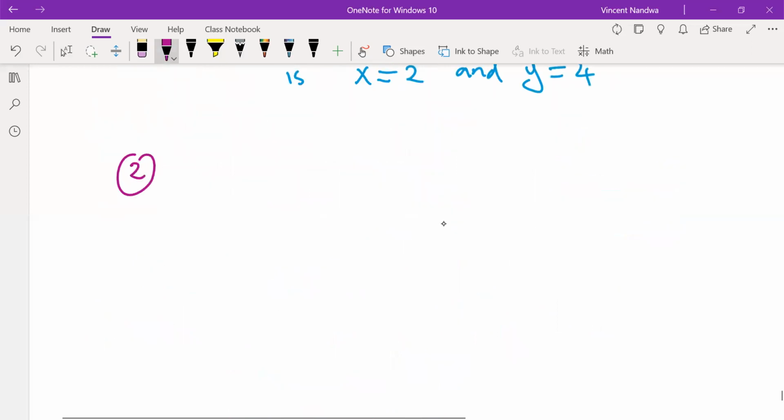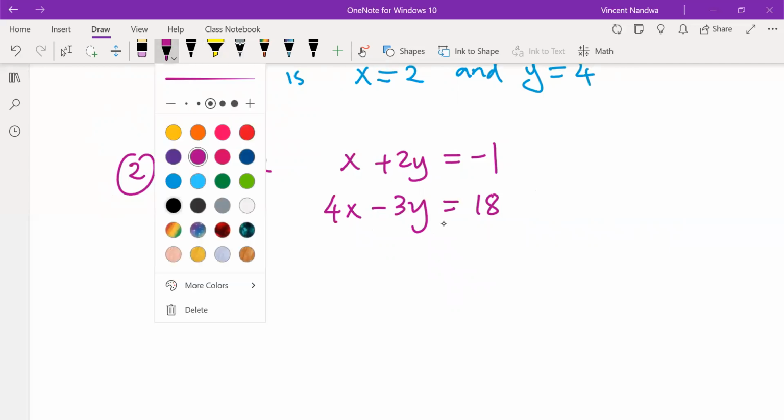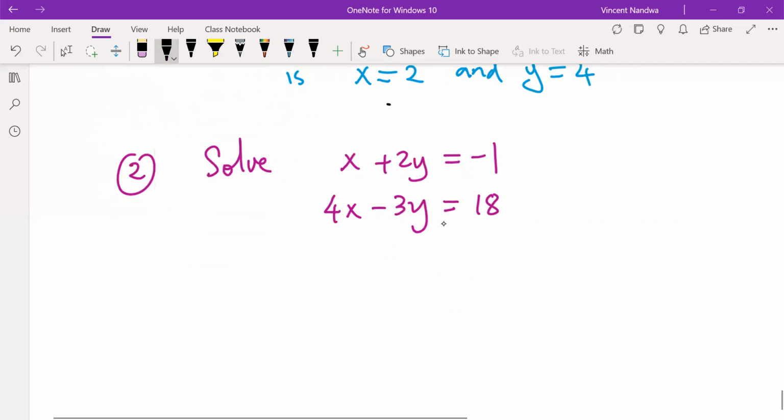Number 2, solve x plus 2y equals minus 1, 4x minus 3y equals 18. Now remember, it is at your liberty to express any unknown in terms of the other.